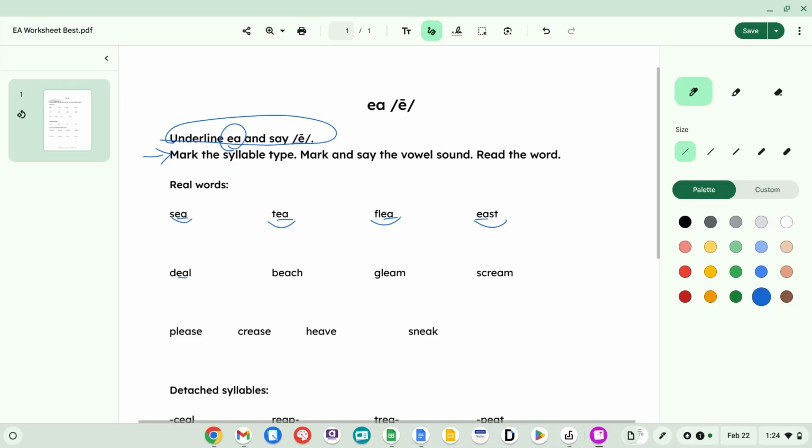EA says E, so they would mark that as a vowel team. So they would say EA says E, so the word is deal. As they underline EA, they would say E. This would be a vowel team, beach. E, vowel team, gleam. E, vowel team, scream.